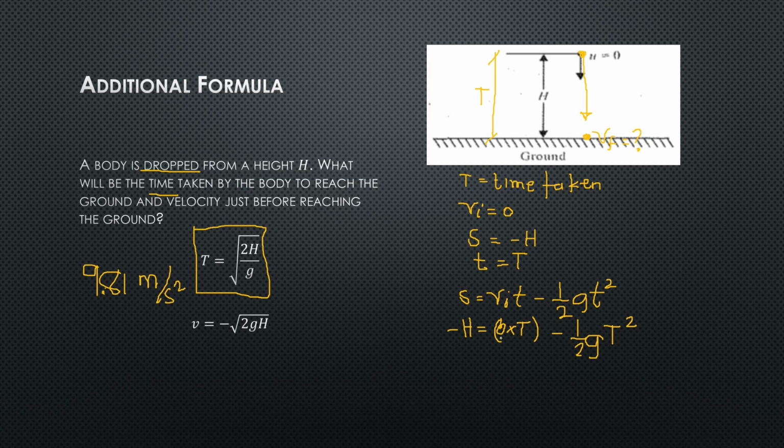Okay, then any real number that is multiplied by 0 is 0. So therefore this is negative h will be equal to 0 minus, so I will not write 0 anymore, so that will be negative 1/2 gt squared.